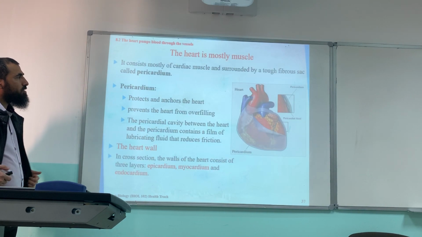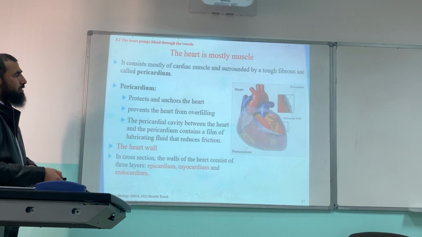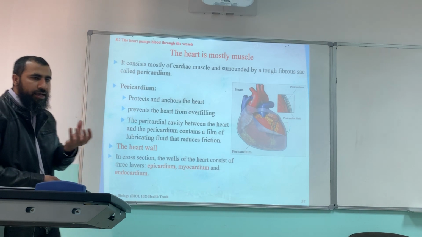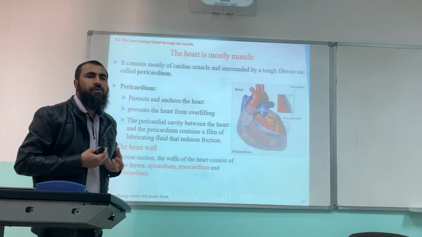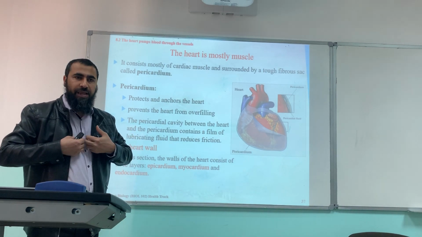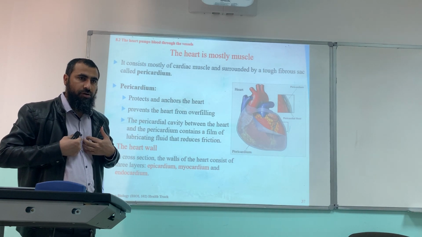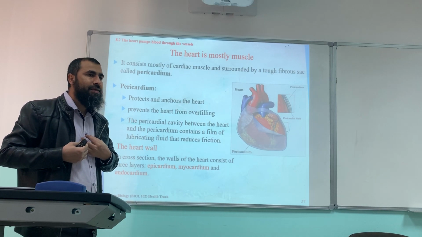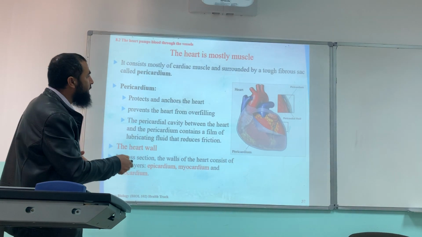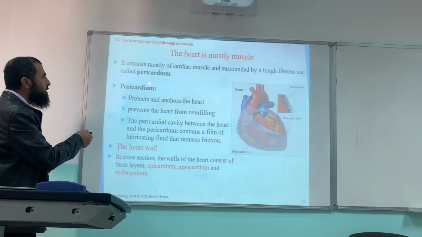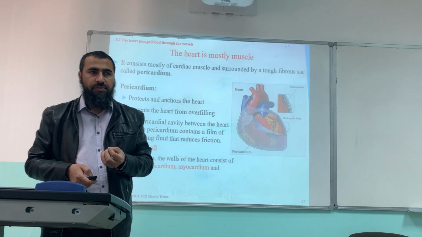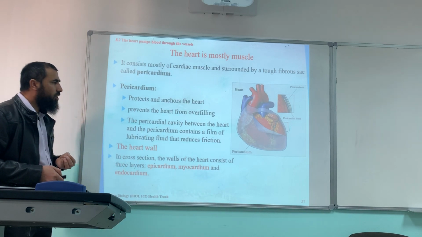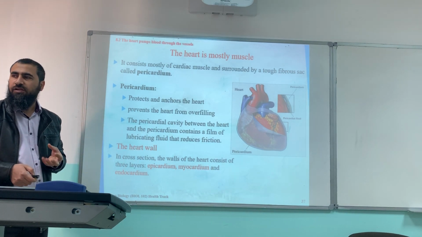Alright, so if you have a look at the anatomy of the heart, we find that the heart is inside a little sac, a bag. This keeps it protected and anchored in place to the surrounding tissues. We call this the pericardium. It's a fibrous connective tissue, dense and loose connective tissue together.